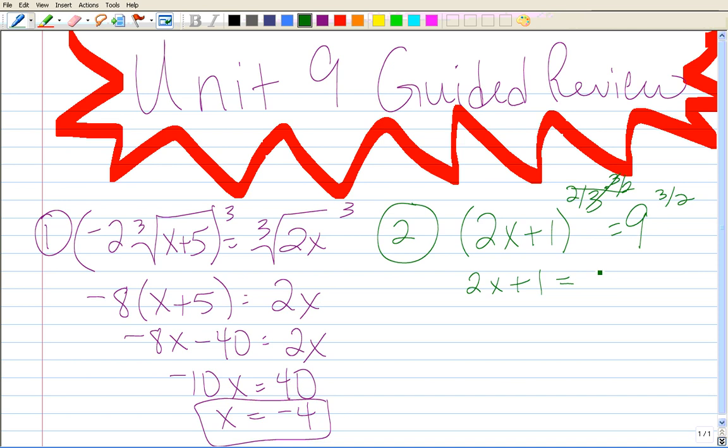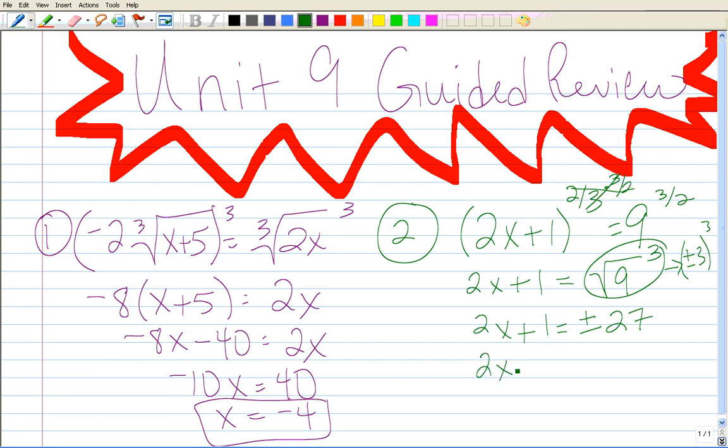But when we took that square root of 9, remember that that is really positive or negative 3, right? The square root of 9 is positive or negative 3, and then when we cube it, we'll have 2x plus 1 equals positive or negative 27. Now we can subtract 1.